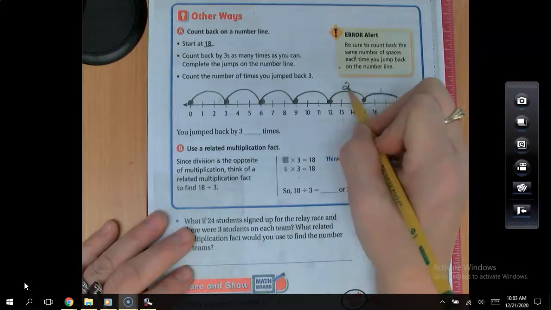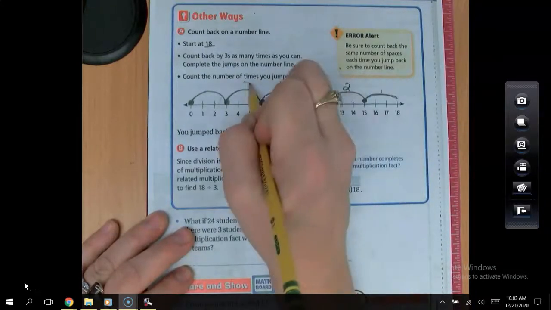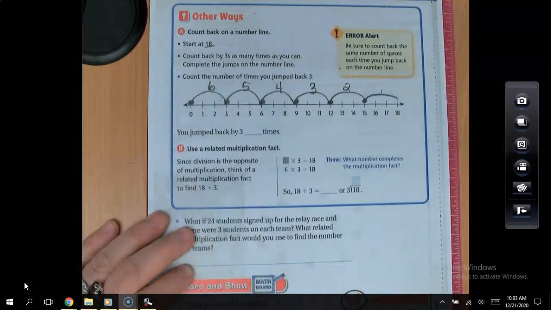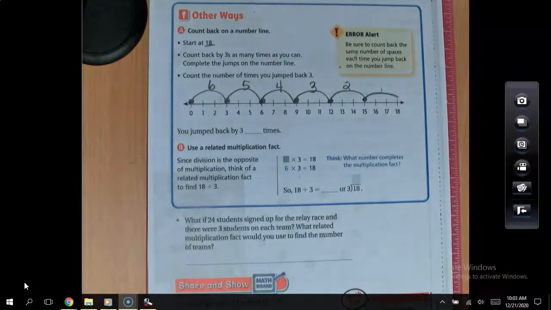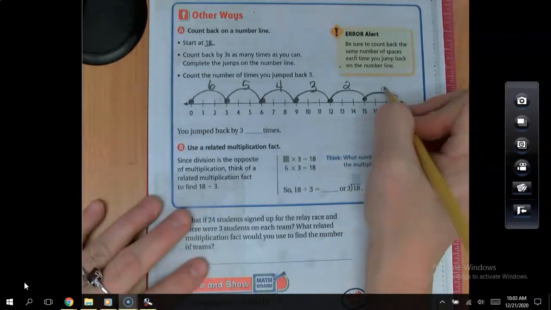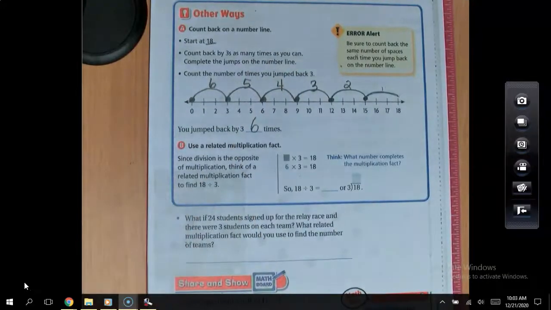I have 2, 3, 4, 5, and 6. So how many times did we jump back by 3? My big mountains tell me I did it 6 times.